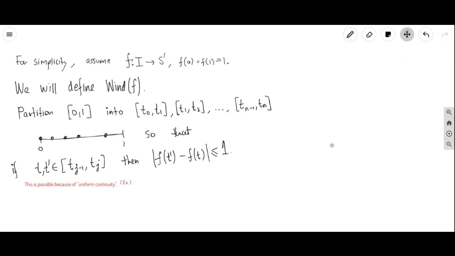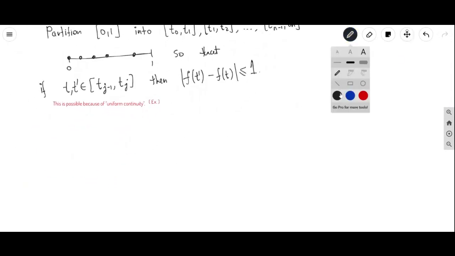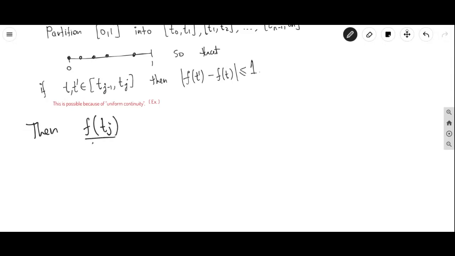So you do this. And then the next thing you do is choose: f of tj divided by f of tj minus 1 is going to be equal to e to the i theta j for some angle theta j that's smaller than pi over 2.